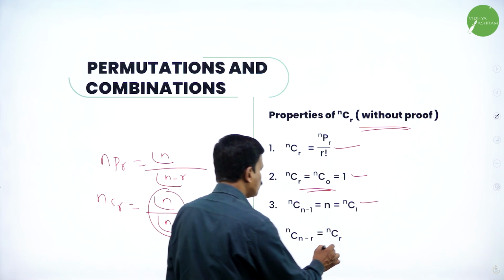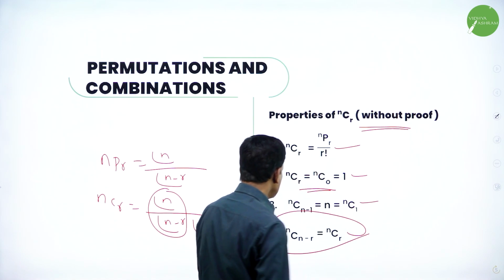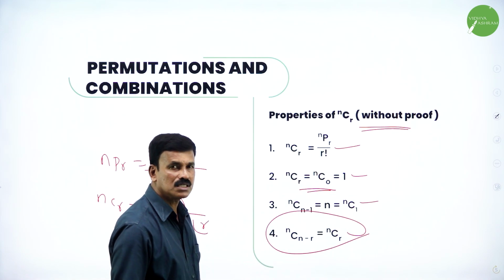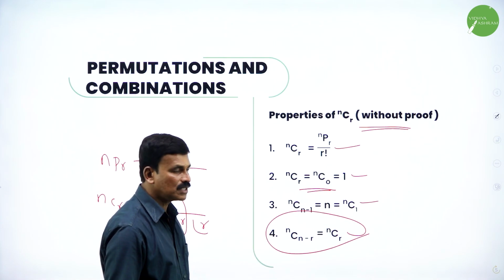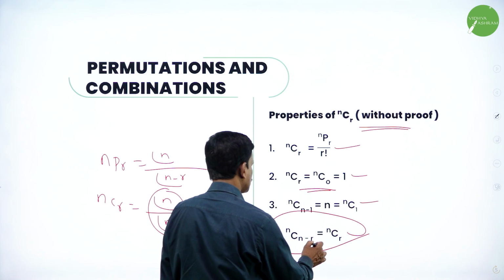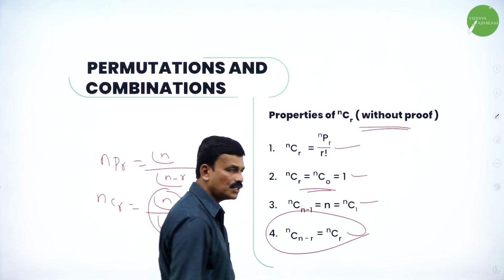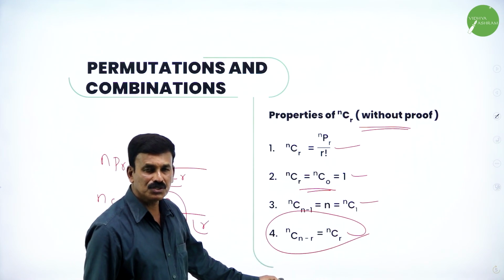Now this is a very important property, that is nC(n minus r) is also equal to nCr. nCr can also be written as nC(n minus r), a very important property we are going to use to solve the problems.